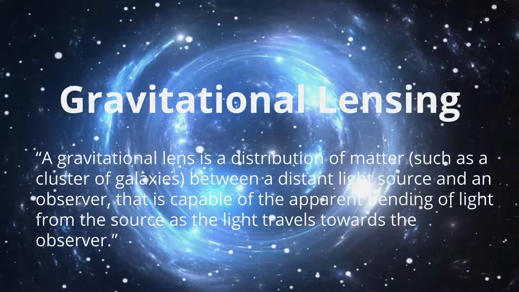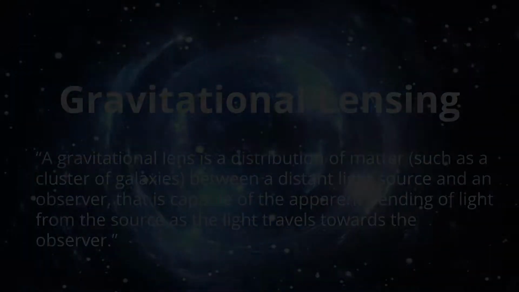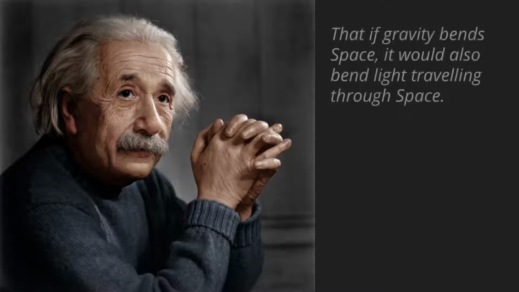First off, let us go back in time to 1912, where Albert Einstein first predicted the idea of gravitational lensing, 3 years before he published his work on the theory of relativity. It had occurred to Einstein that if gravity bends space-time, as stated by his findings within his theory of relativity, gravity should also bend light traveling through space.